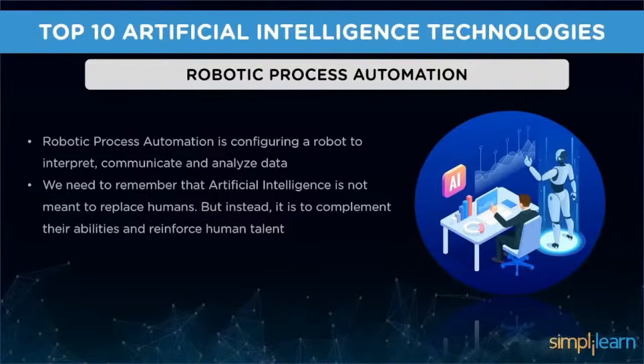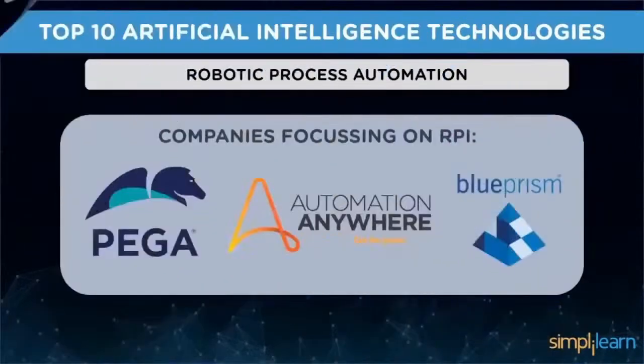Fields like warfare, mining, etc. is where it's currently being used. We need to remember that artificial intelligence is not meant to replace humans, but instead, it is to complement their abilities and reinforce human talent. Companies that are focusing on robotic process automation are Pegasystems, Automation Anywhere, Looprism, etc.